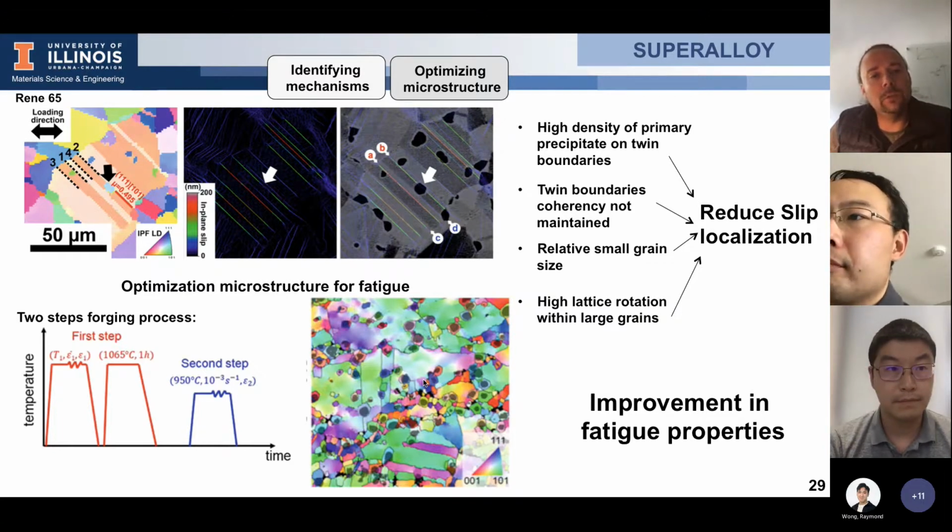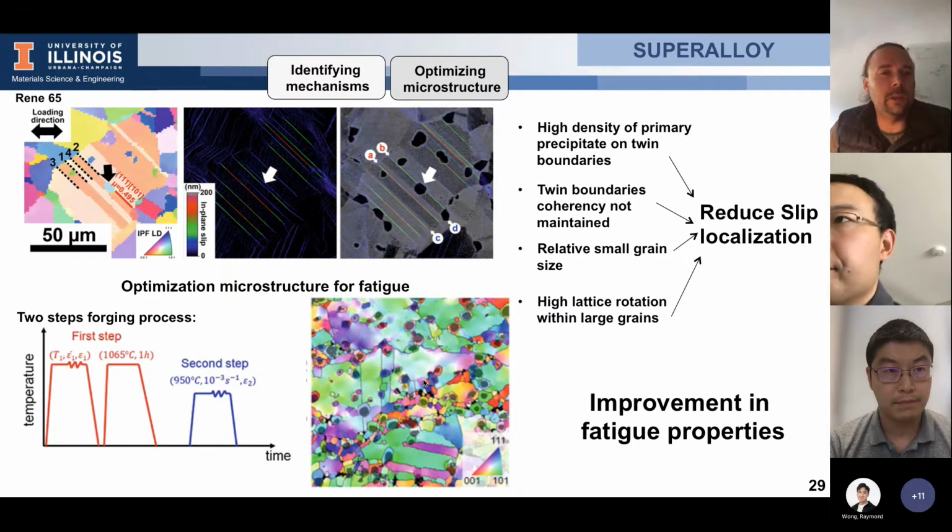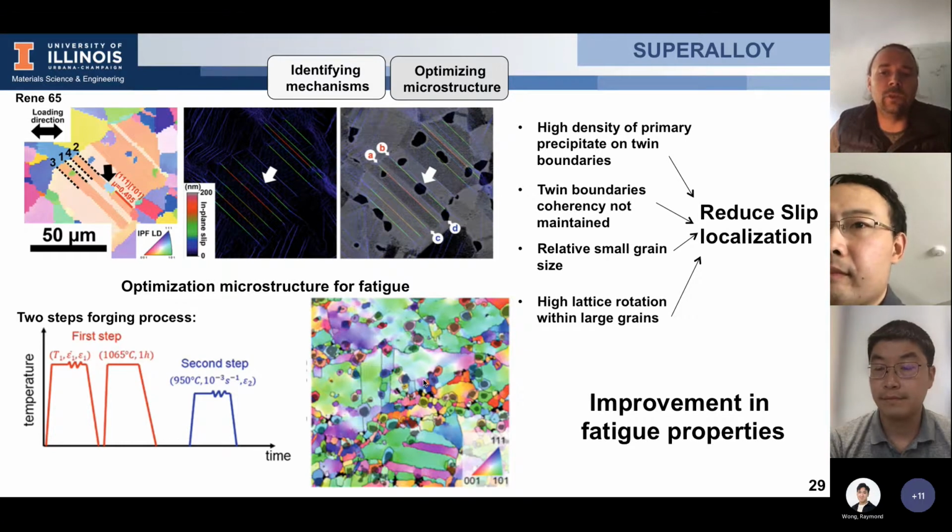So the idea was, can we really trigger mechanisms that prevent the localization of the plasticity? That's the main idea here. I'm trying to develop that to say you can basically engineer a material by only investigating the localization of the plasticity by slip.